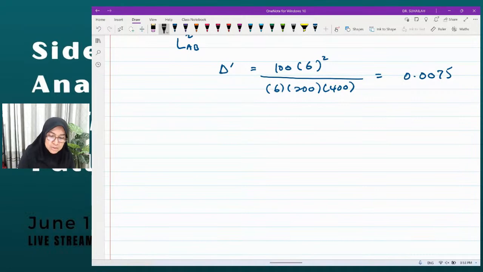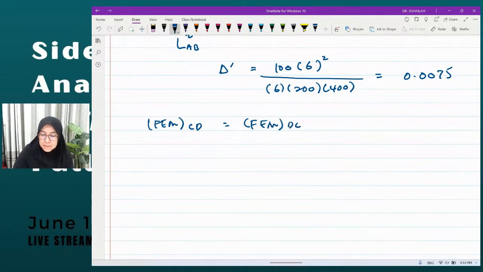So another horizontal displacement occurs at FEM CD and FEM DC. The formula is 6 EI CD delta prime over LCD squared.